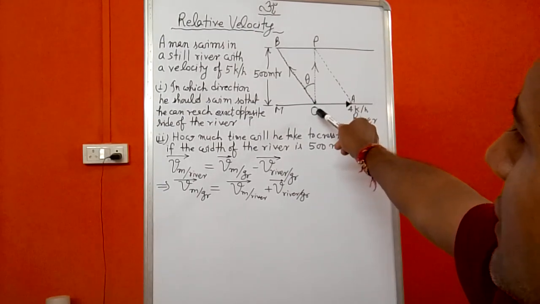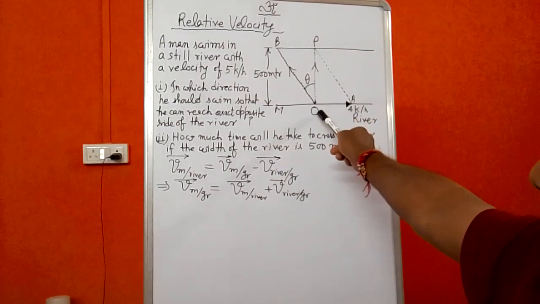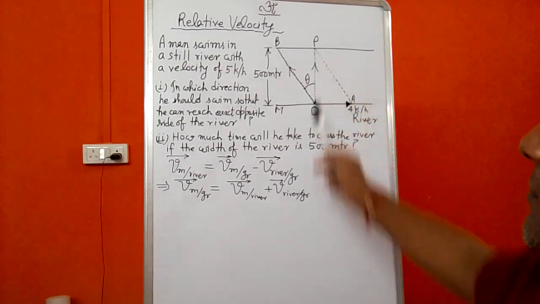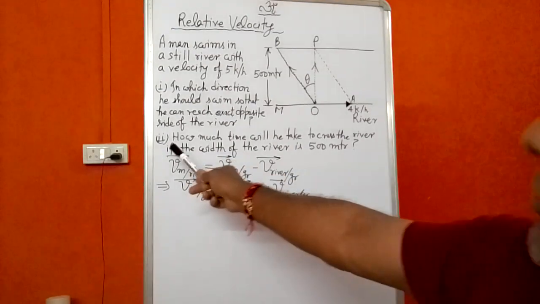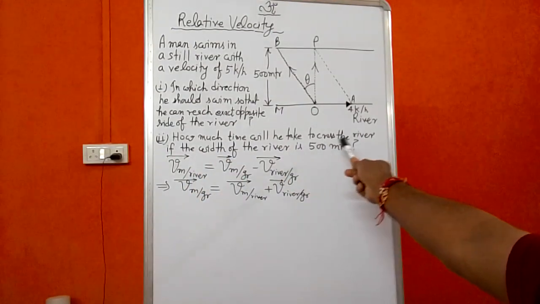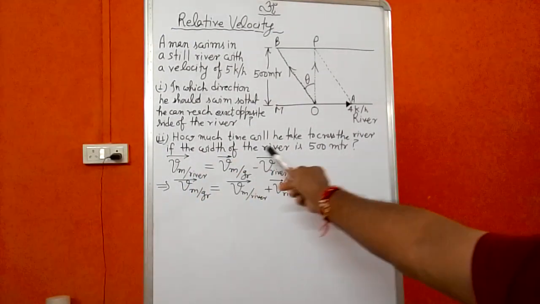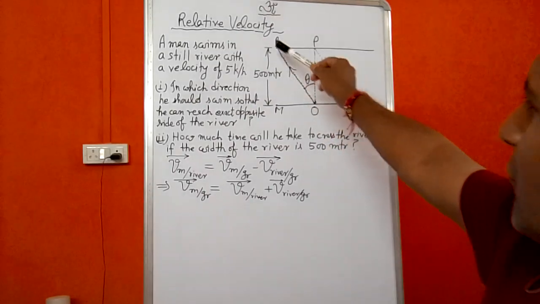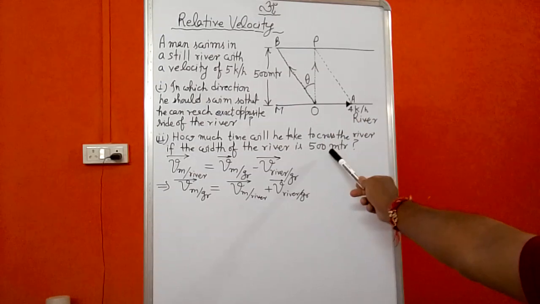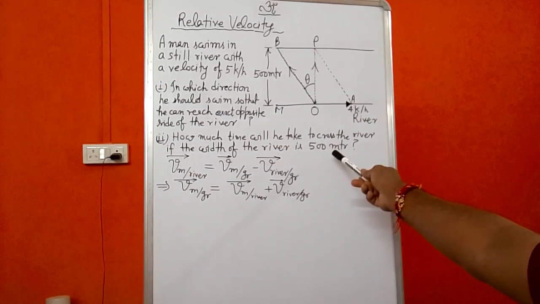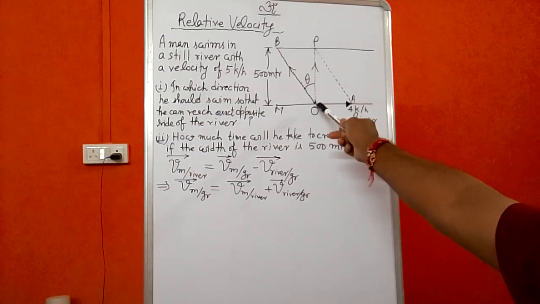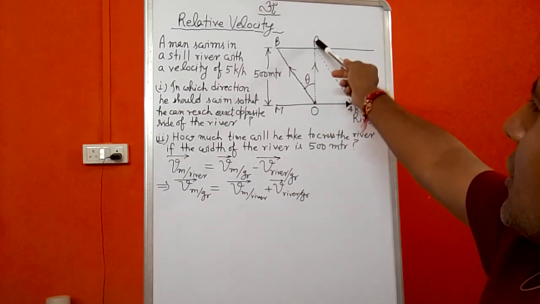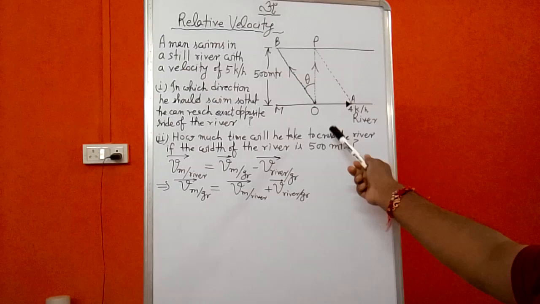And the second part is: how much time will it take to cross the river if the width of the river is 500 meters? Let's suppose O is the starting point and the person wishes to reach point P.